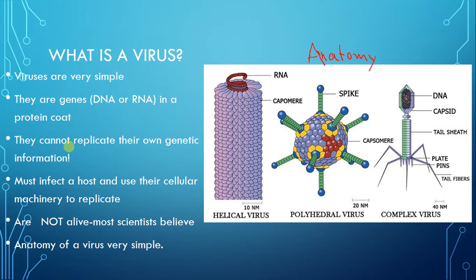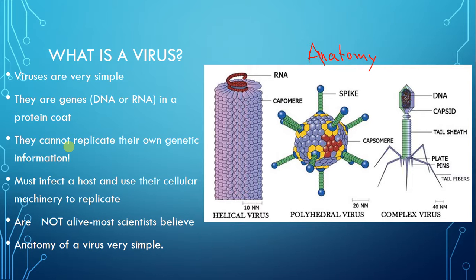They infect them by injecting their DNA or their RNA in them, and using the cellular machinery, the enzymes, the ribosomes, things like that, of the host cell to basically replicate the DNA or the RNA of the viruses, and to transcribe and translate those into proteins and make more viruses.